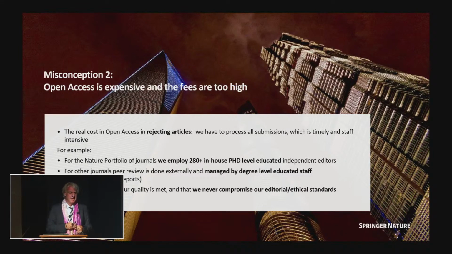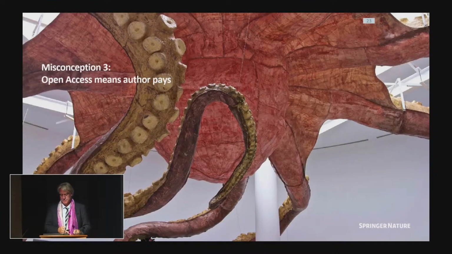But we also can say that we have these processes, and we get to 1.5 million submissions, and we have to read them, and we publish probably 40% of them, and the cost of what you see is actually not just the cost of publishing, it's also the cost of what we don't publish in open access. And that's very important to bear in mind.